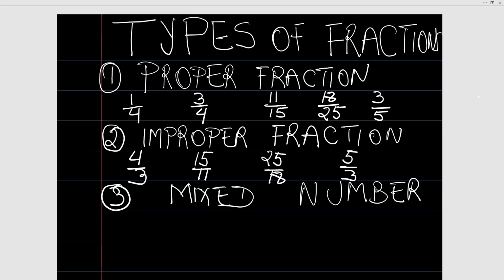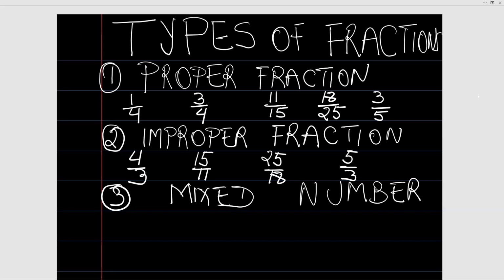A mixed number is a combination of a whole number and a proper fraction. Did you hear that? A mixed number is a combination of a whole number and a proper fraction. It means we can convert an improper fraction to a mixed number.